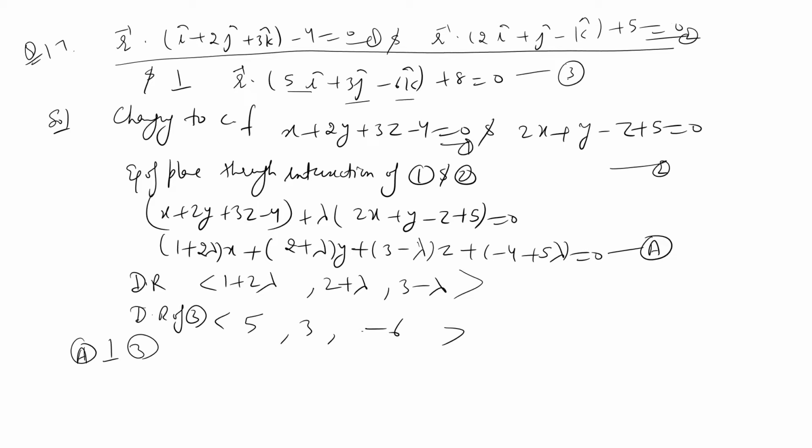So A1 into A2, this is A1 B1 C1, this is A2 B2 C2. So we will get 5 into (1 plus 2 lambda), 3 into (2 plus lambda), minus 6 into (3 minus lambda) equal to 0.